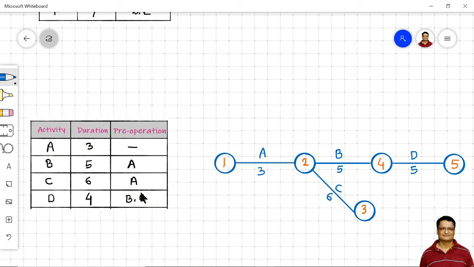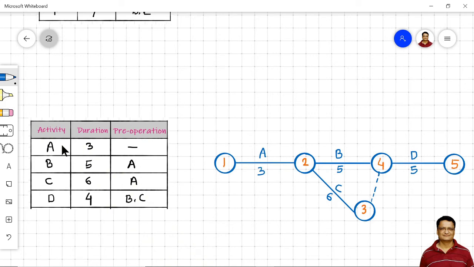In order to make this logic work, we have to put one dummy activity at this place. Dummy activities are shown by a dotted line. So now you can see that this precedence logic can be completed.